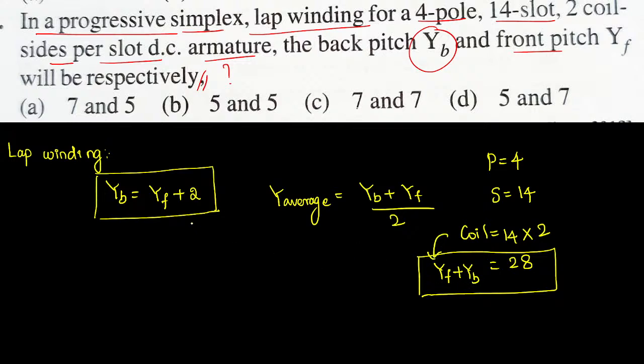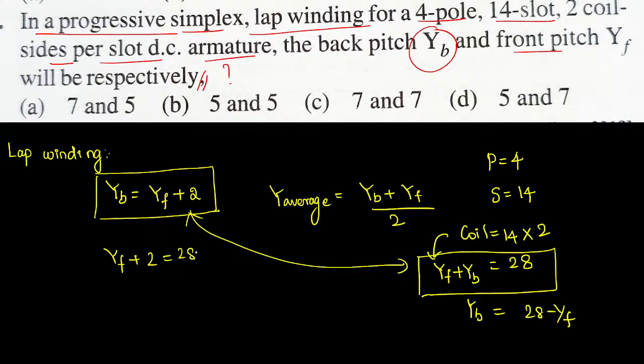See, directly you can solve these two equations to obtain the answer, because here I have one equation, and here we have one more equation. So I will write back pitch equal to 28 minus front pitch. Let us substitute here. Front pitch plus 2 equals 28 minus front pitch.